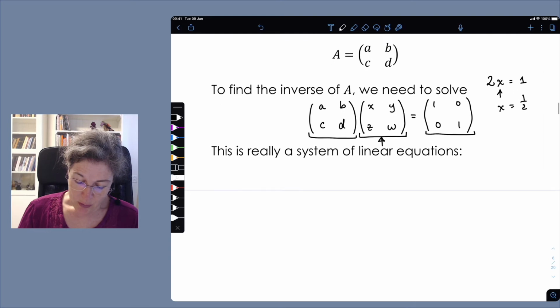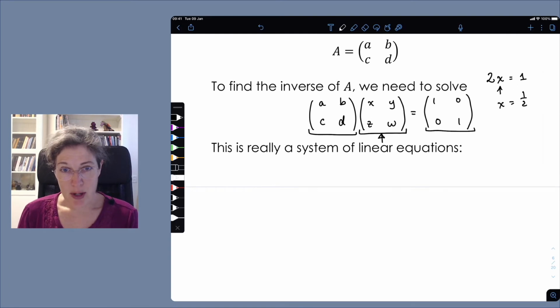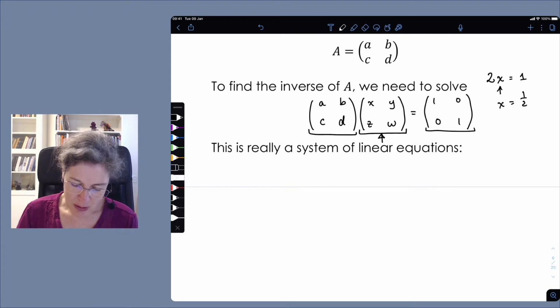So although you might not realize it, we're looking at a system of linear equations. Let's just write them out. So if I look at the matrix multiplication of my 2 by 2 times my 2 by 2, I'm going to end up with A times X plus B times Z. So that's AX plus BZ, and that has to be equal to 1.